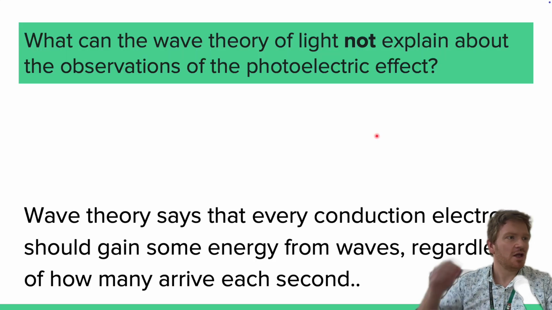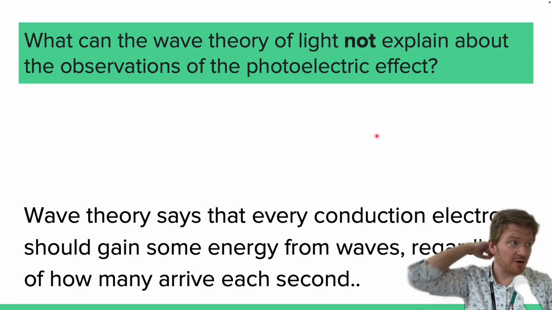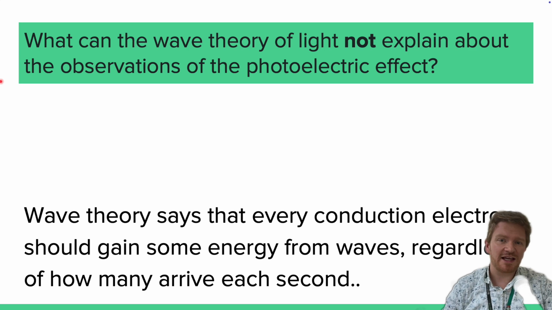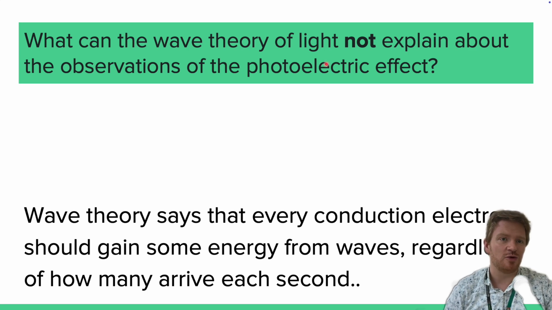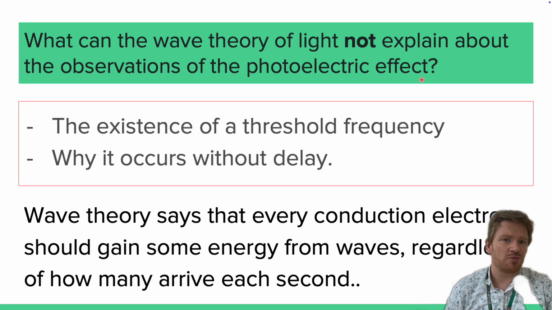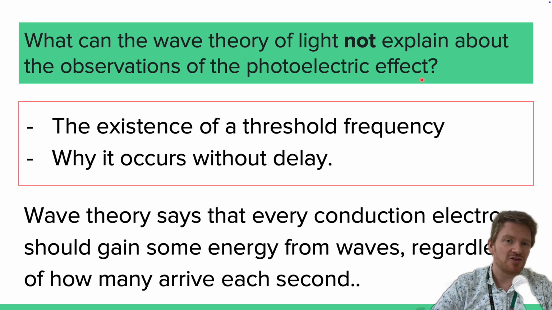So what does this mean? Well, the theory of this as a light wave cannot explain that. If we think about how a wave works, a wave is a way of transferring energy without transferring matter. So if we're transferring energy to these electrons stuck on our gold leaf electroscope to be able to escape, we shouldn't see these effects.